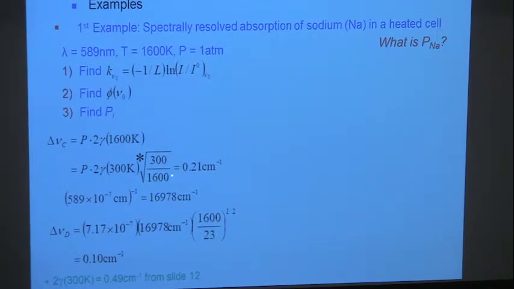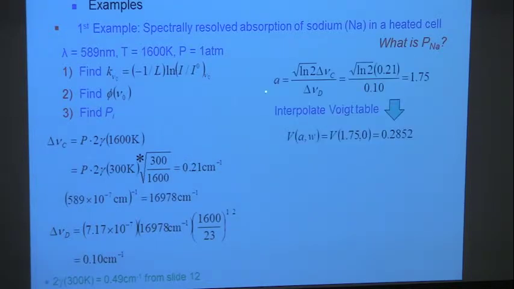I can also solve for the Doppler width because I know the wavelength and the mass and the temperature. So I can solve for the Doppler width, and I've also got the collision width. So I know A here, 1.75.